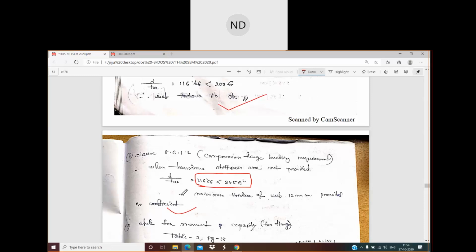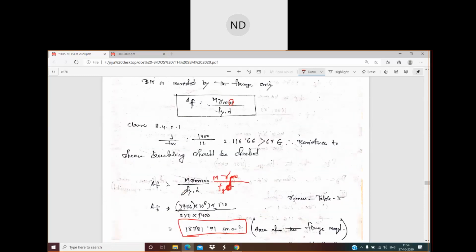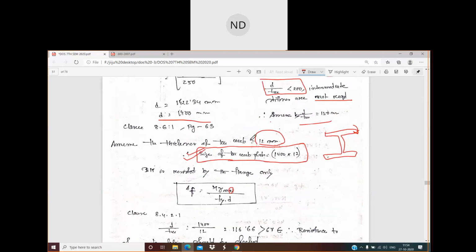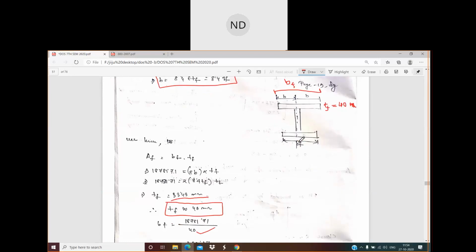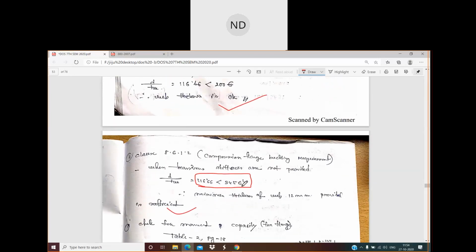Here we had assumed the thickness of the web to be 12, and we have checked that it is okay and sufficient for the design purpose.